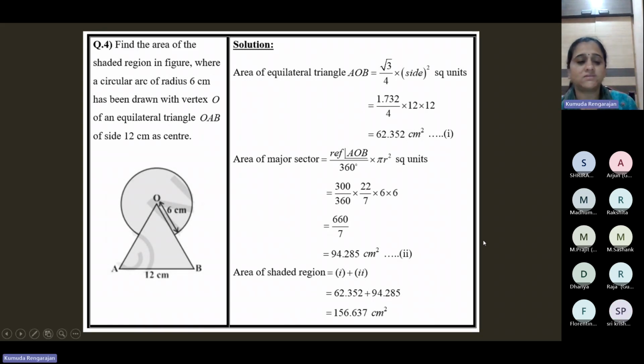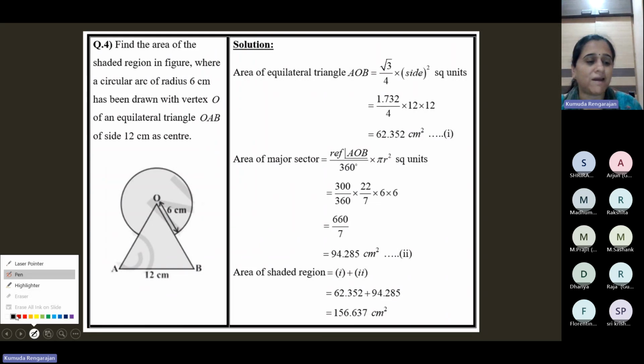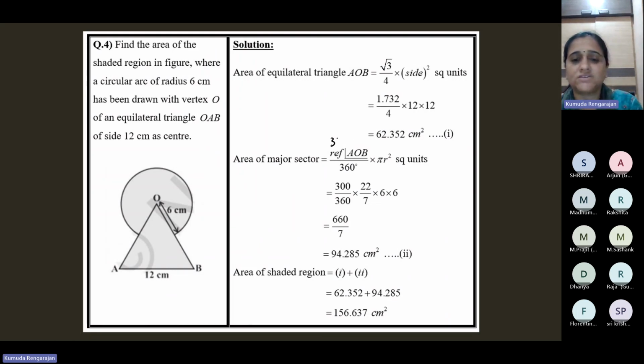So see here, it's not mandatory to write 360 minus theta. You can write like this also, the reflex of whatever is the major sector angle. The major sector angle is the reflex angle, the reflex of angle AOB. This is angle AOB, and this is the reflex of angle AOB.